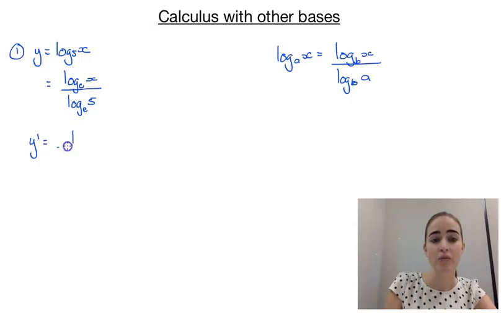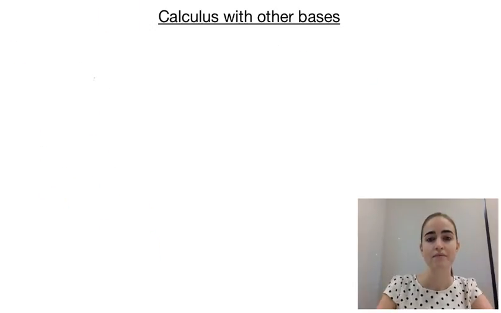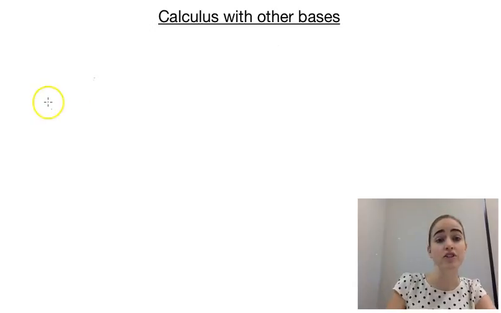So we're going to end up with 1 over log to the base e of 5, our constant, multiplied by the derivative of log to the base e of x, which is 1 on x. If we rewrite that, we can write it as 1 over x times log to the base e of 5.